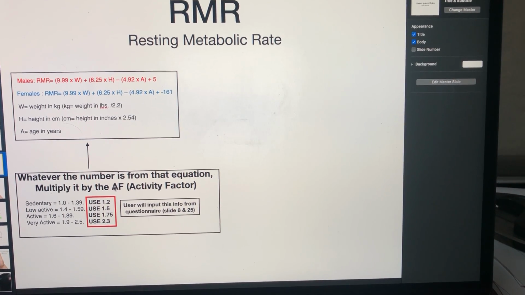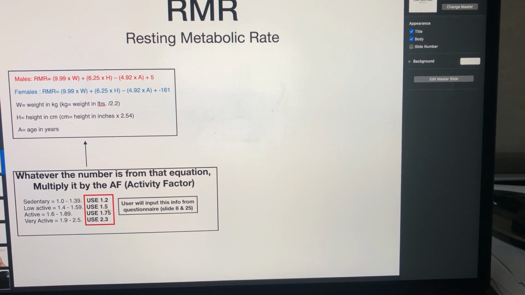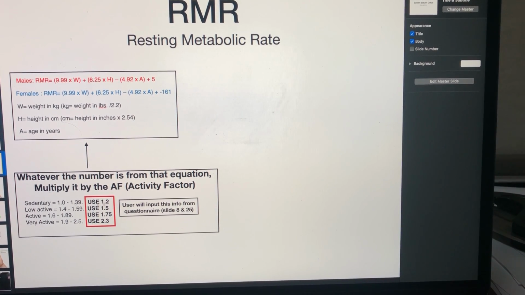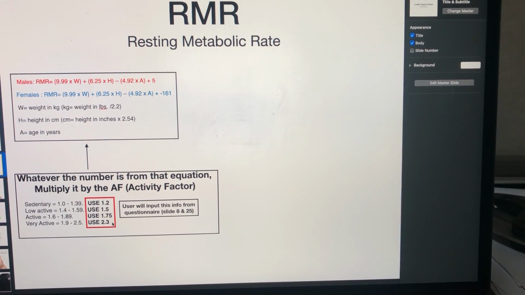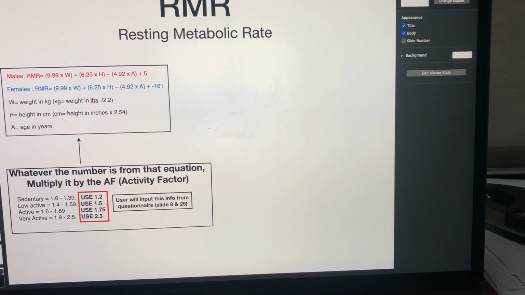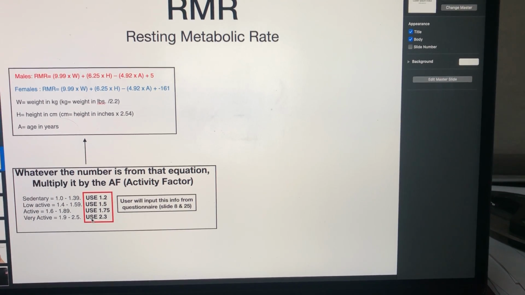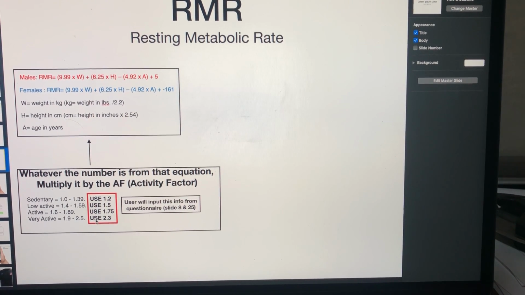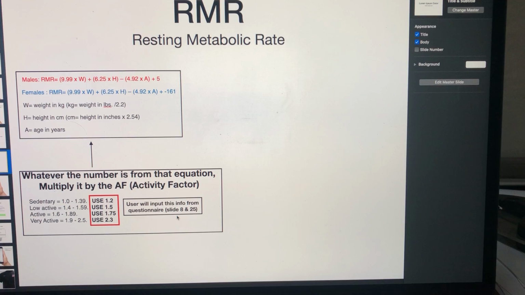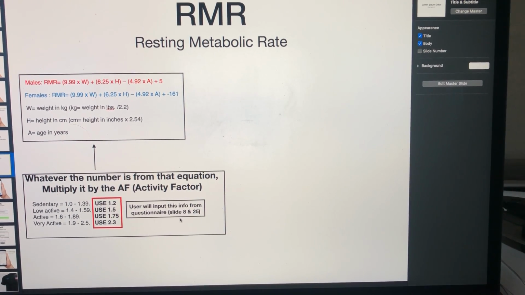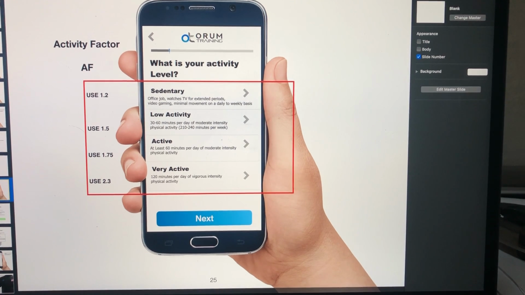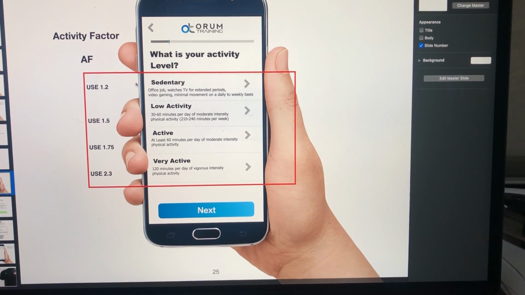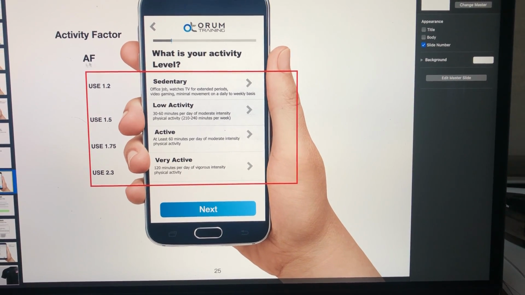One more thing that we're going to also keep in mind is going to be these numbers here: 1.2, 1.5, 1.75, and 2.3. This information right here is all coming from the questionnaire, which is on slide 8 or slide 25 of this presentation, which is this. These numbers we call the activity factor.